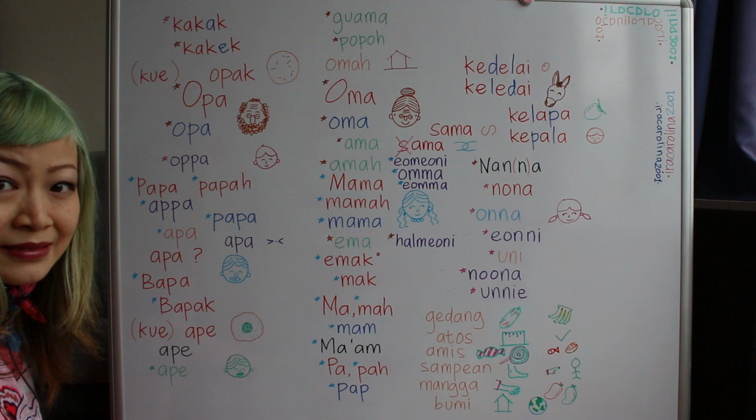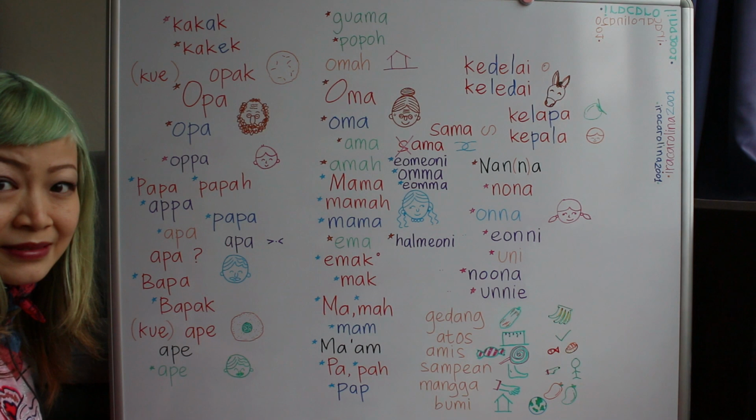In West Sumatra or Padang or Minang, we call older sister, or the girl or the lady or the woman that is old enough to be our older sister, we call her with uni.